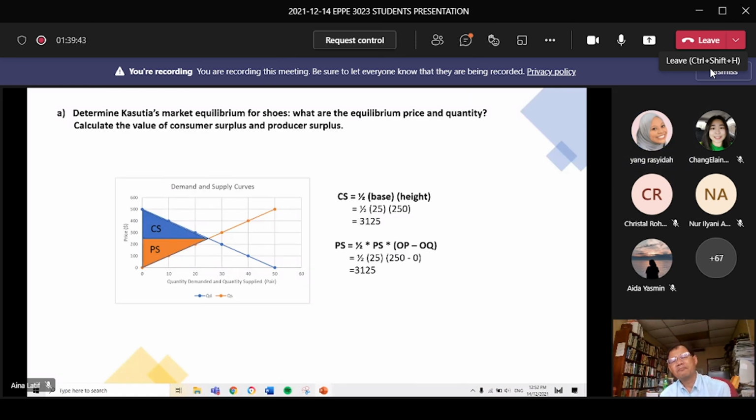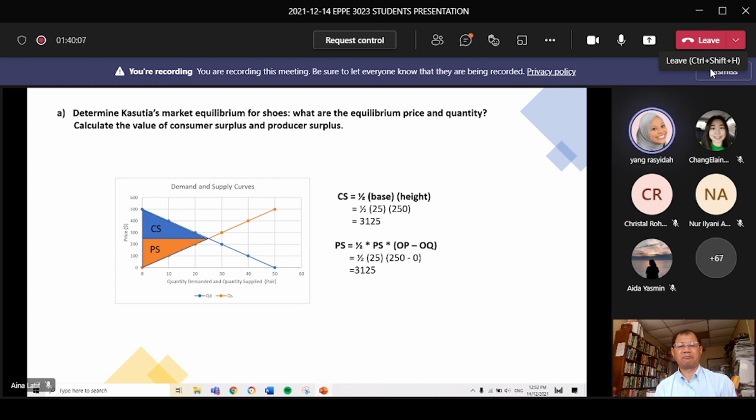We get the same answer for the producer surplus, but the formula is different. It's 1/2 times the price and times the quantity.